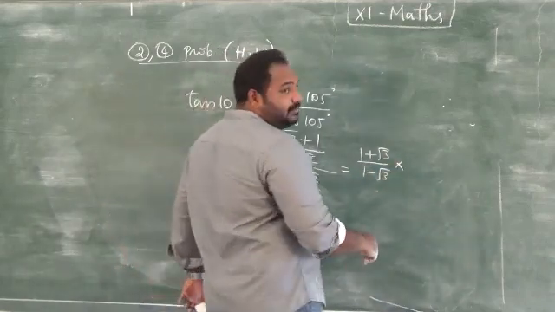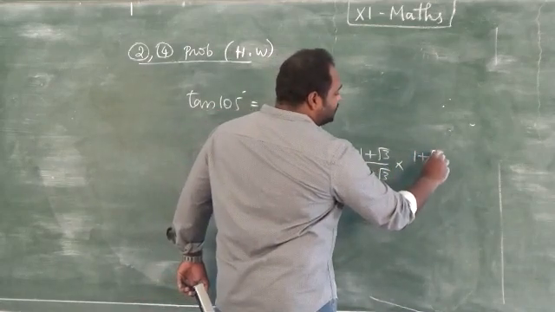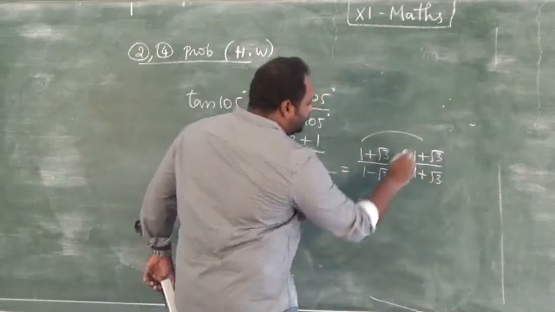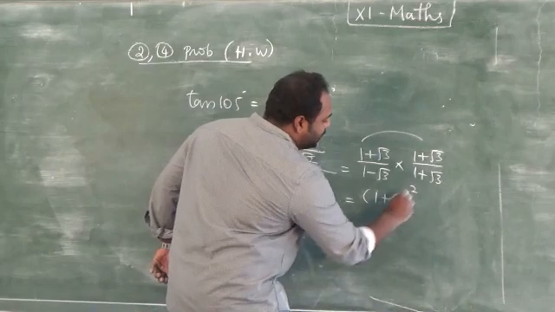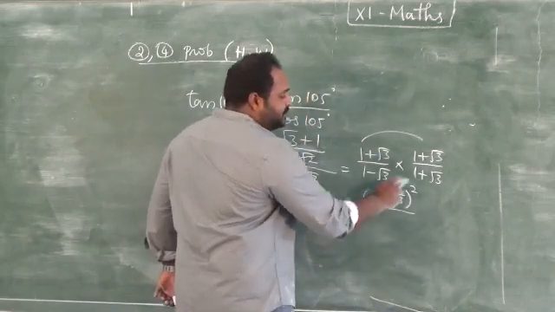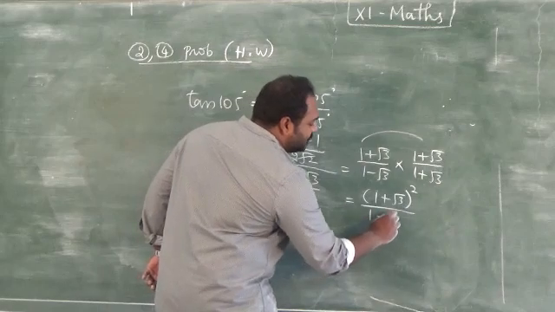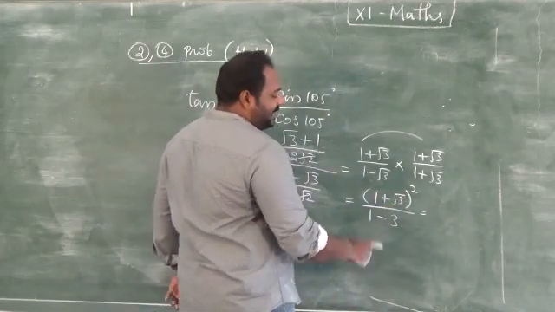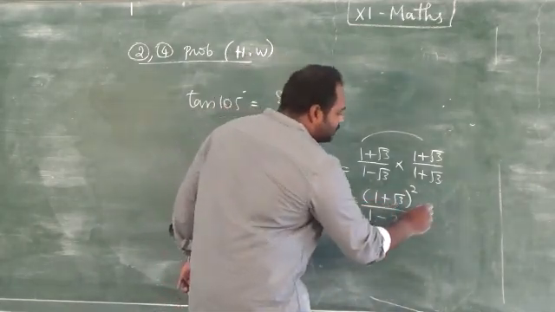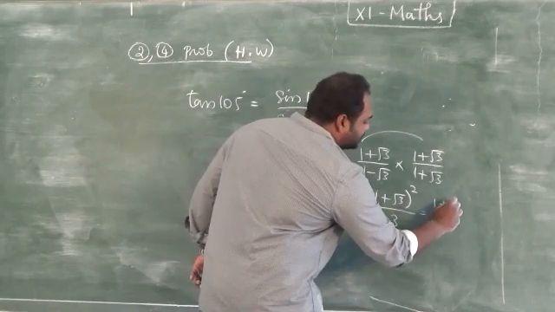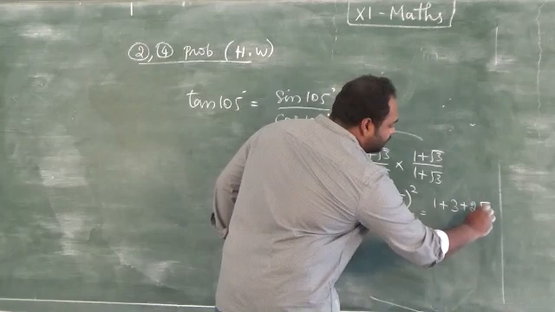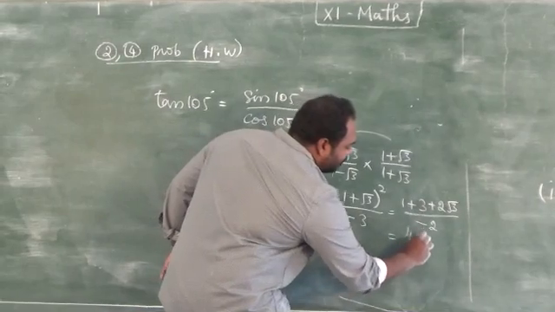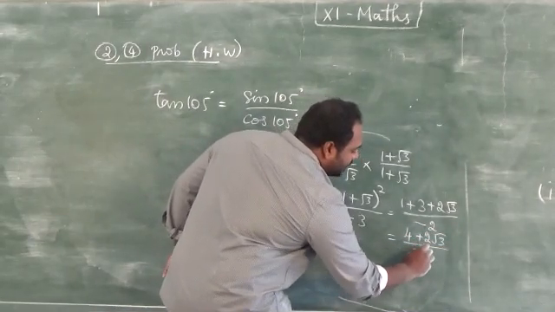So this can be simplified by multiplying by the conjugate. Multiply by 1 plus root 3 in numerator and denominator. The numerator is 1 plus root 3 whole square, and the denominator, by the a minus b into a plus b formula, is a square minus b square, which is 1 minus 3. I expand the a plus b whole square formula: a square plus b square is 4, plus 2ab is 2 root 3, divided by minus 2. So it is 4 plus 2 root 3 divided by minus 2.